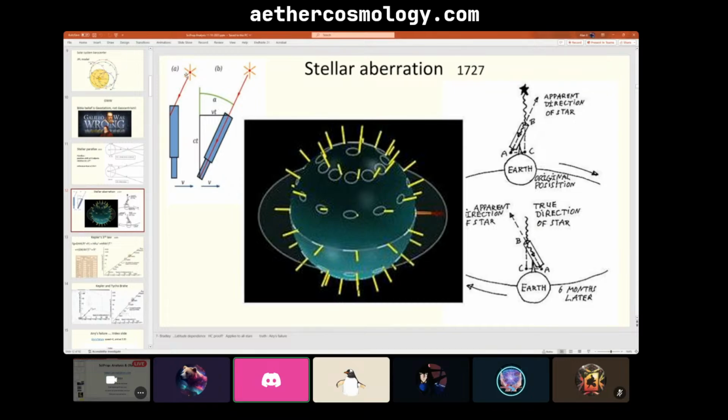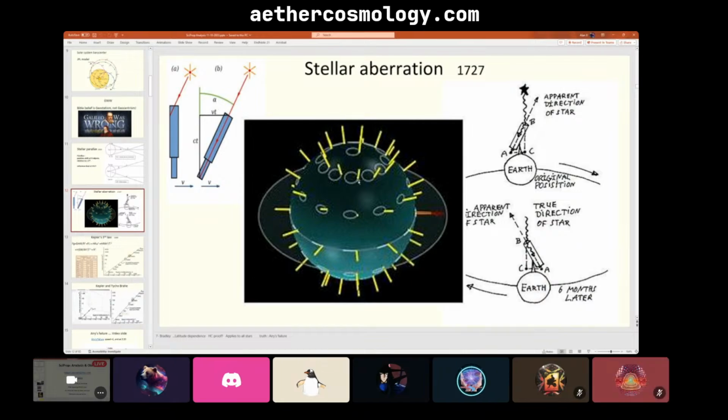The diagram in the center shows that when you have a telescope at different latitudes, you get different patterns in the telescope. Along the equator, you get straight lines. At the poles, you get a perfect circle, and you get an ellipse in between.